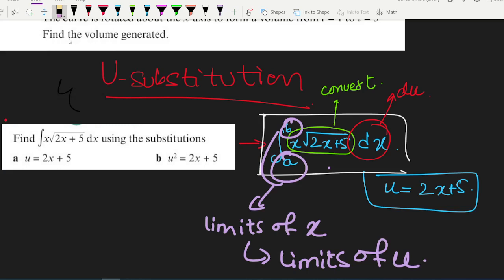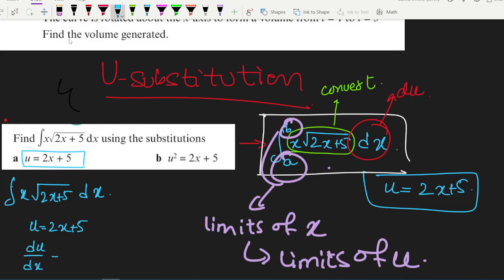The question is given as we have to integrate x under root 2x plus 5 dx. They have also given us a substitution: use the substitution that u equals 2x plus 5. If I put u equals 2x plus 5, I get du over dx equals 2.